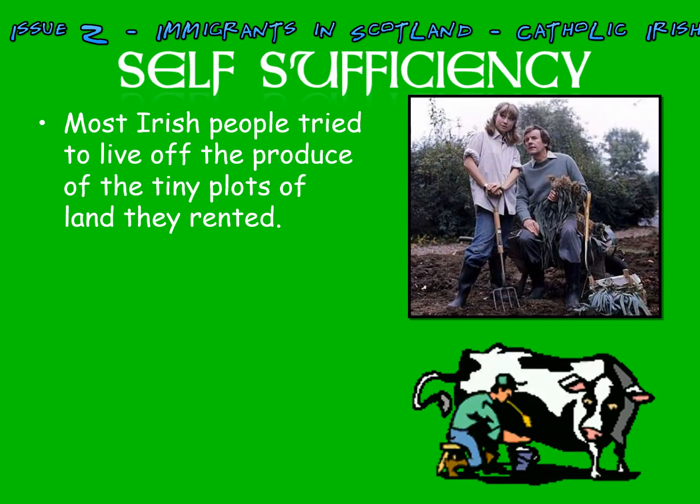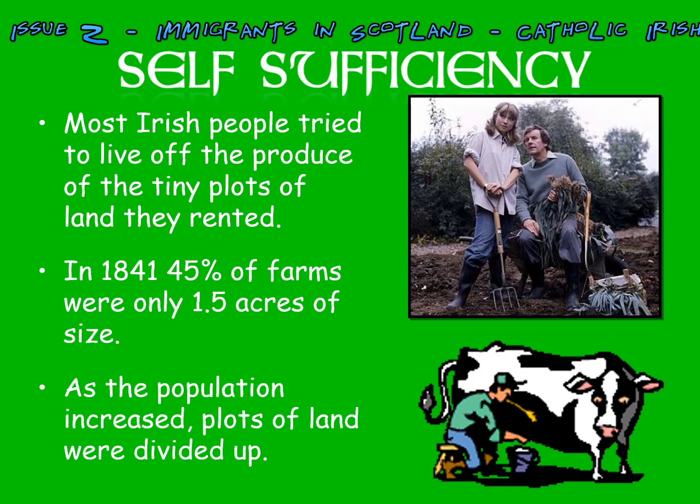Self-sufficiency is a big reason that they left. Basically, most Irish people tried to live off of whatever they could produce on these tiny, tiny plots of land. Generally speaking, in 1841, 45%, so nearly half of these little farms, were only about 1.5 acres in size.